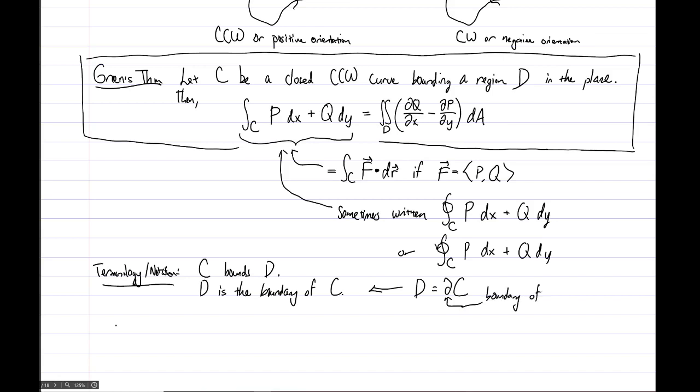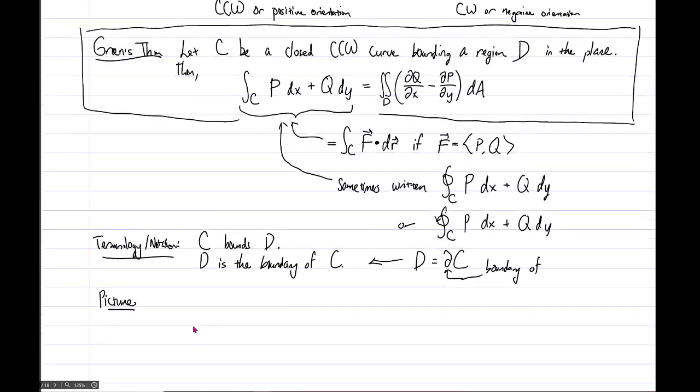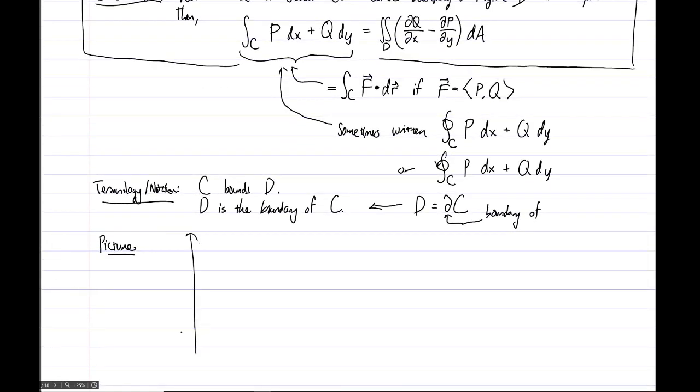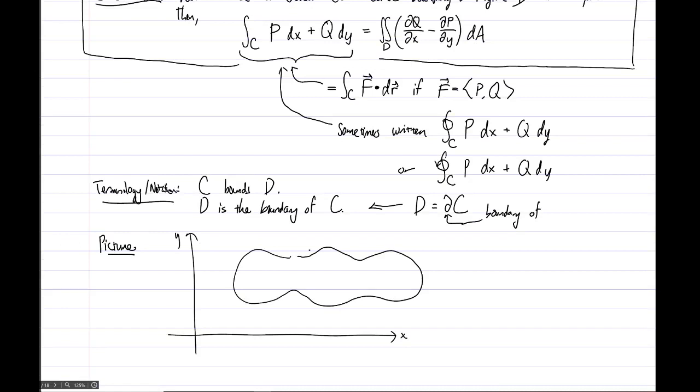Okay, let's draw a picture of what is being meant by all this. As a general picture, you're in the plane, and there's this closed curve. Maybe let's not make it so uniform. How about like this? There, closed curve, oriented counterclockwise. Maybe we'll draw one more orientation arrow here.